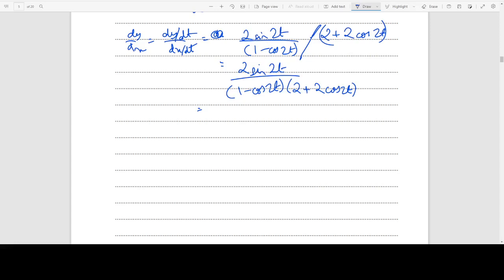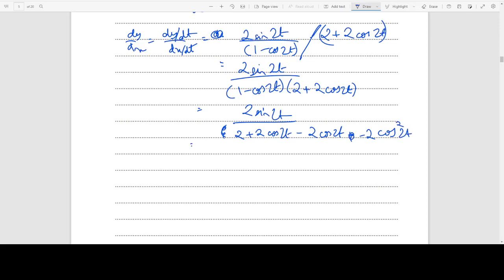Let's see. So 2 sine 2t divided by 2 plus 2 cos 2t minus 2 cos 2t minus 2 cos square 2t.